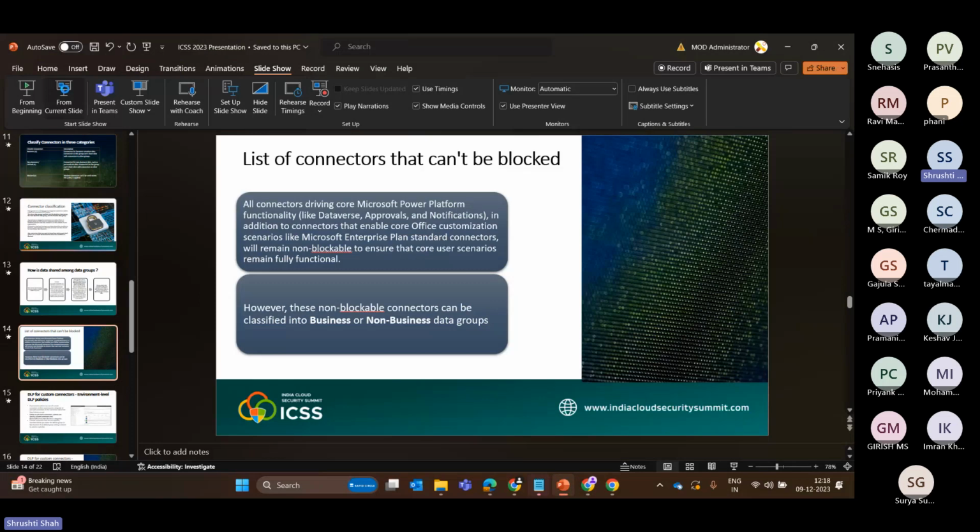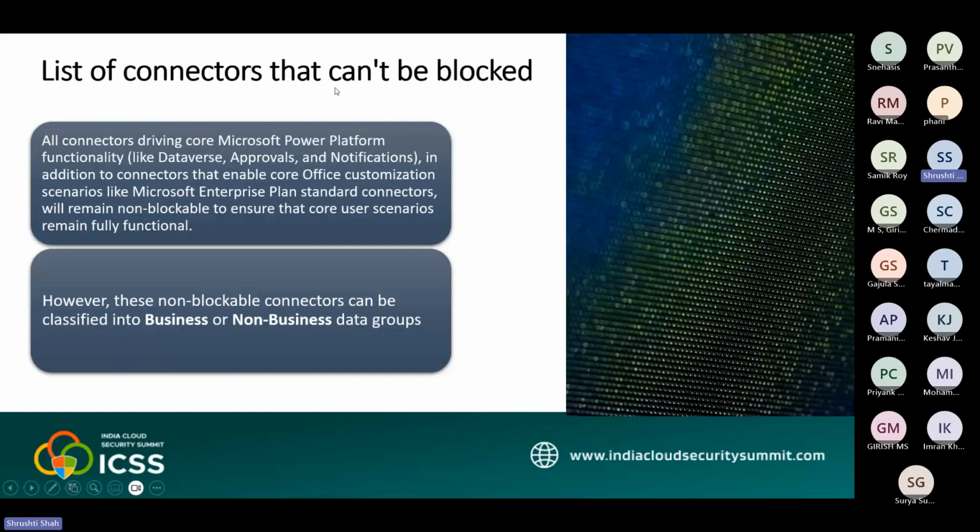Okay, we covered this. Next is the list of connectors. Now, I know you were all waiting for that. A few connectors we were never able to see blocked, right? And for a few, I was able to block them. Why?